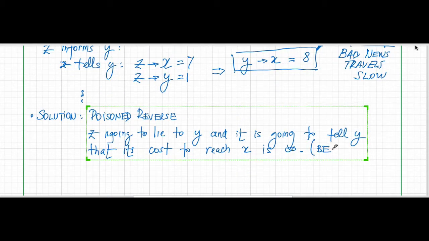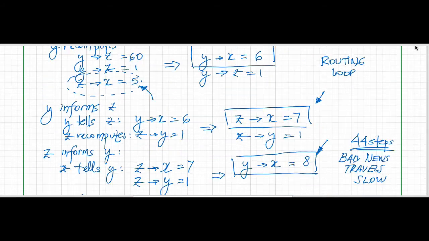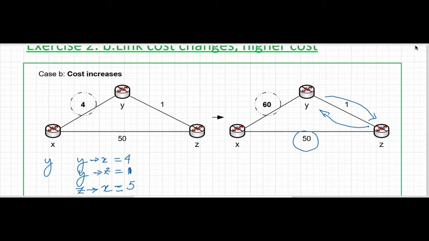So what this means is that, well, why? Because Z uses Y to reach X. So any node, in this case Z, is going to tell Y a lie and say, I cannot reach X. Why?